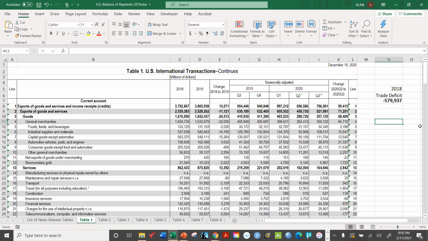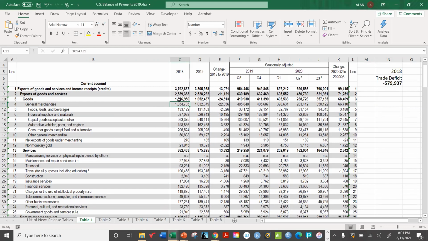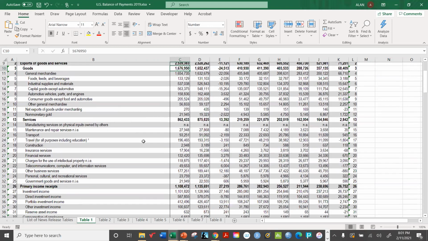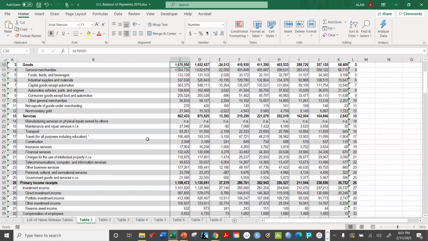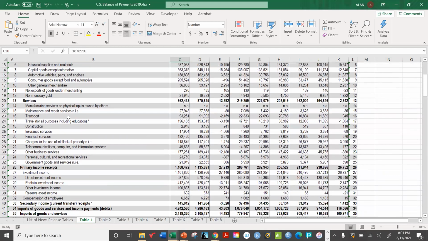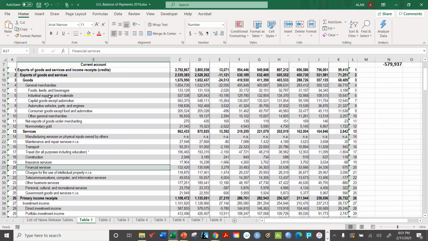Okay, now if you want to break it down further, all the categories are right here, if this interests you, and you can see exactly where these numbers are coming from. Wow. And they've got all these categories like transportation and travel and construction and insurance and financial and industrial supplies and food and all the rest. There's even a category for gold. You notice how it says non-monetary gold?